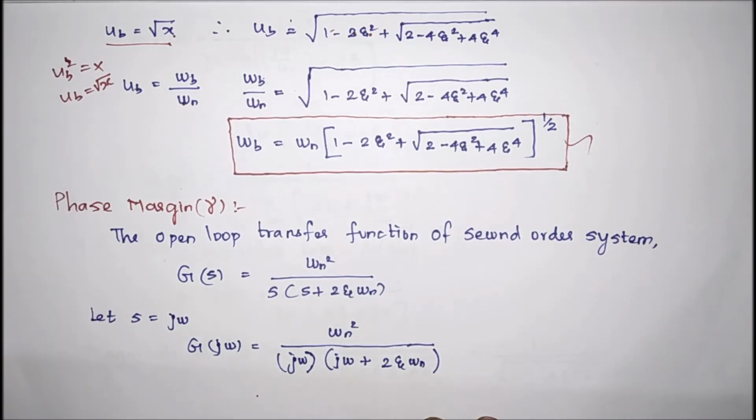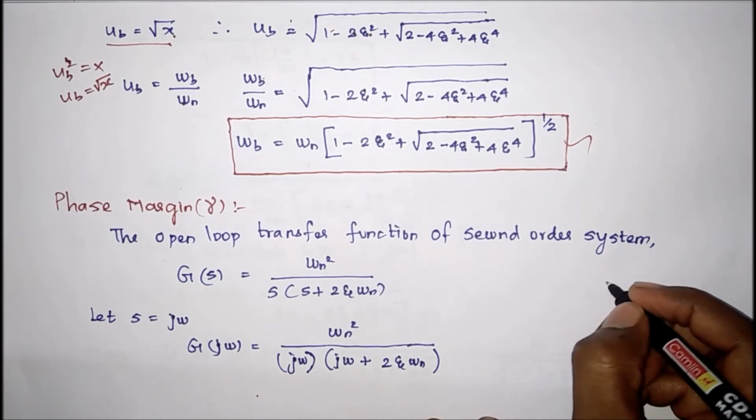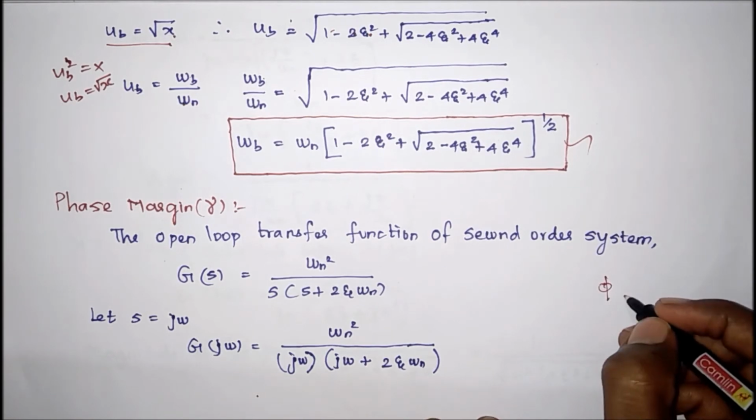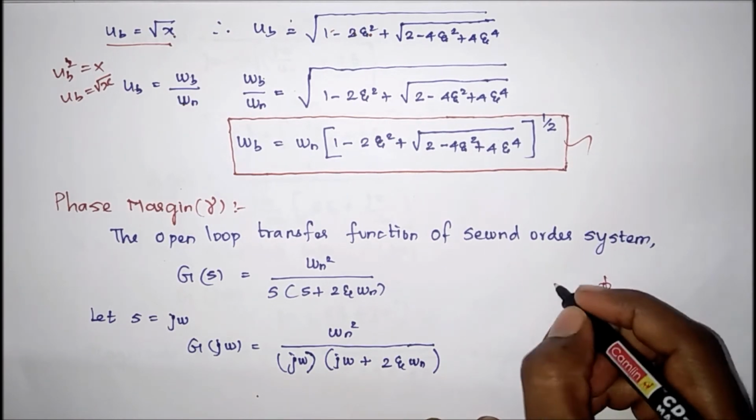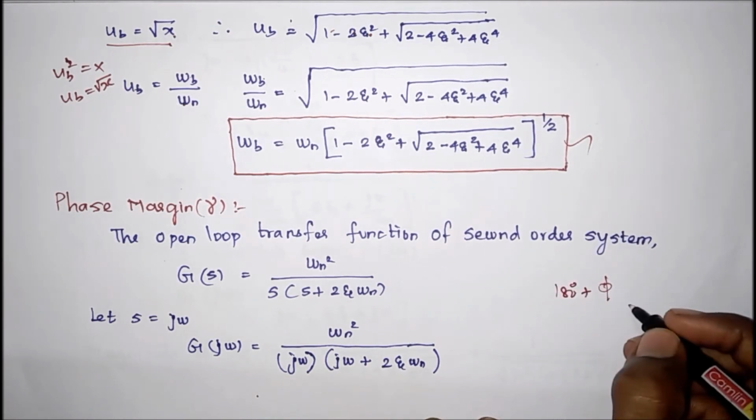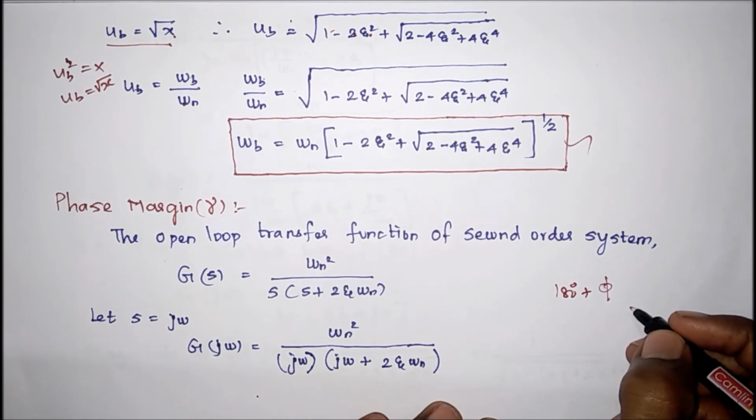It means frequency domain response specifications. One of the specifications is phase margin. Before going to derive the phase margin, we should know what is meant by phase margin. So phase margin is the angle to be added with 180 degree to bring the unstable system to become stable.